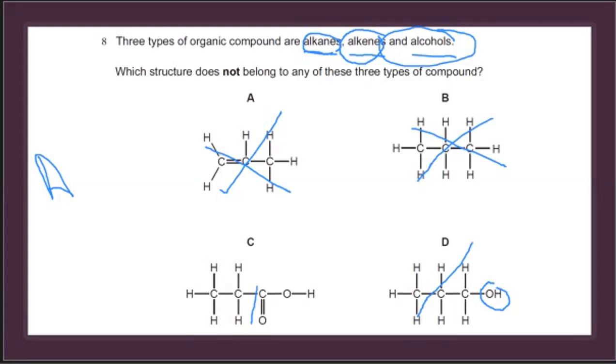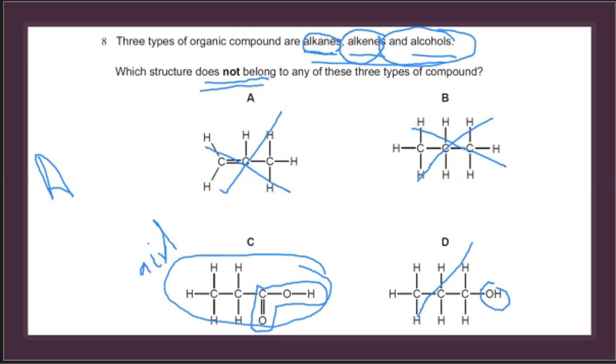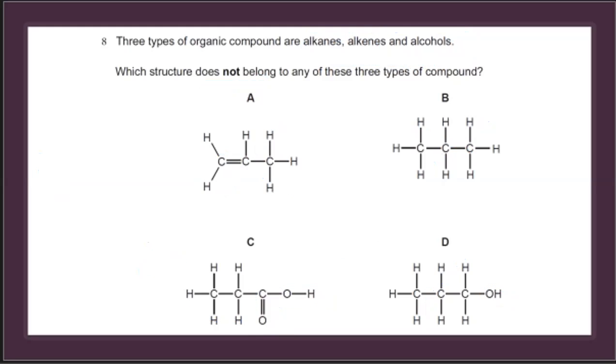C has C double bond O, OH, which is the functional group for an acid. They ask which structure does not belong to these 3 listed above. This is the only one that doesn't belong to those listed above. So our answer is C as in cat. Yes, C as in cat is our answer.